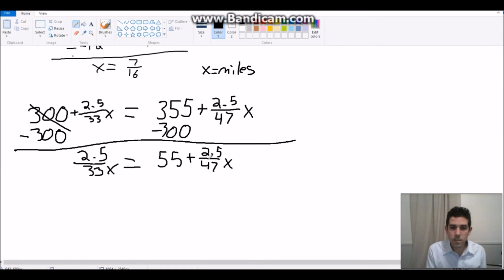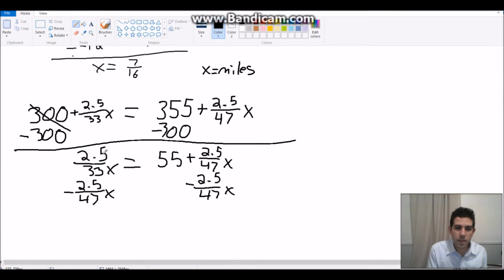Next, I will want to combine the like terms, the x's. I'm going to do this by subtracting 2.5 over 47x from both sides. Now that looks like a big headache, and it kind of was. So I had to do a little bit of combining like terms and figuring out like denominators.